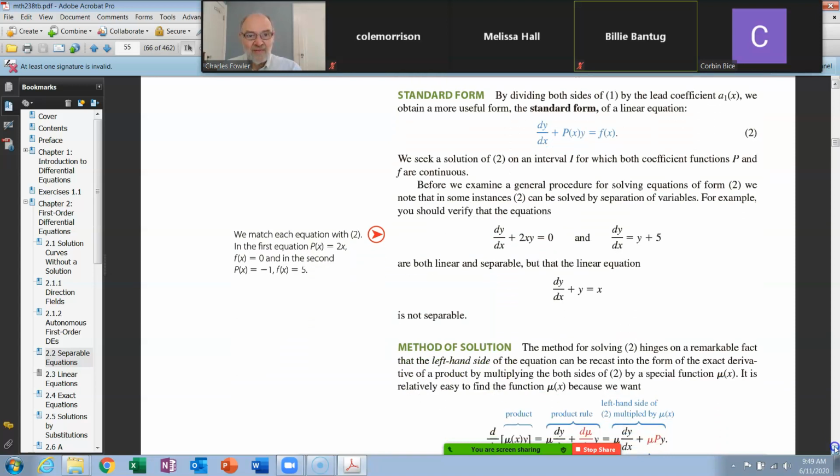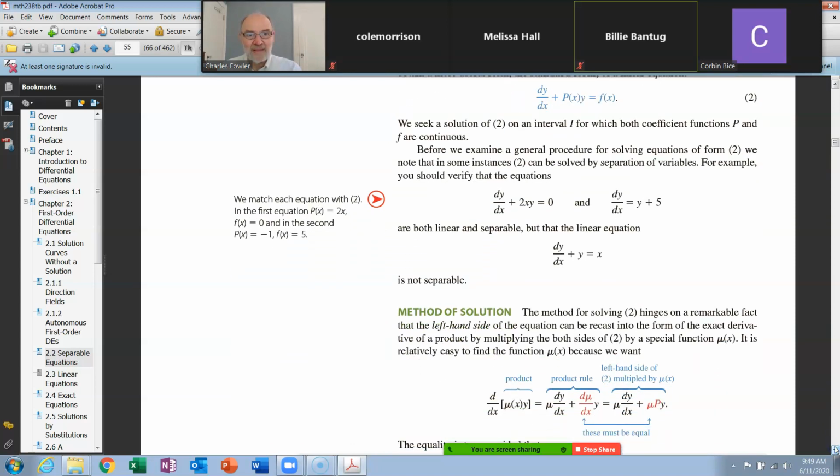Remember, we want this to wind up being a product of y times some other function that turns out being a perfect derivative. That product function to be a perfect derivative. So we want this to be that. Well, let's see what we've got here.